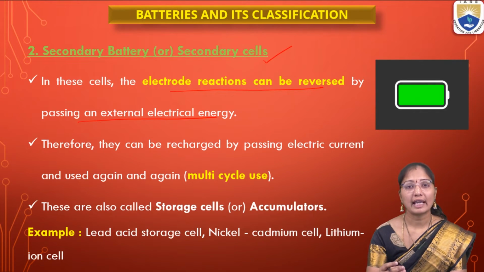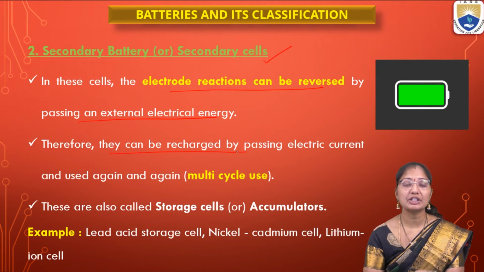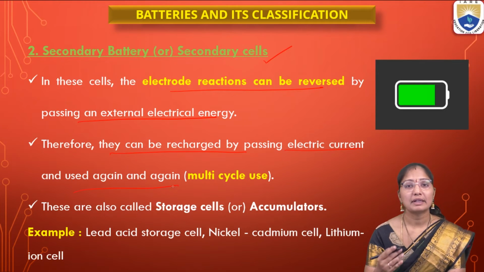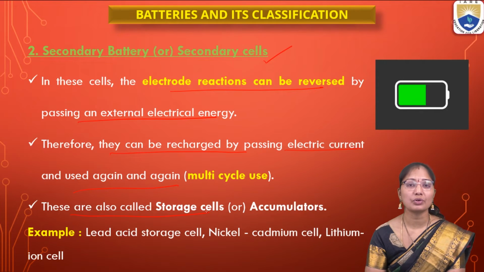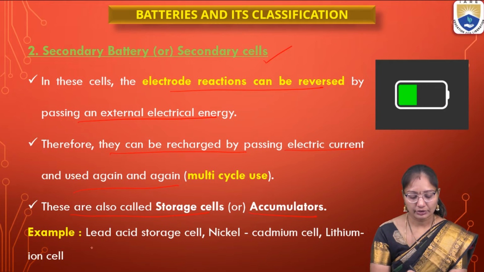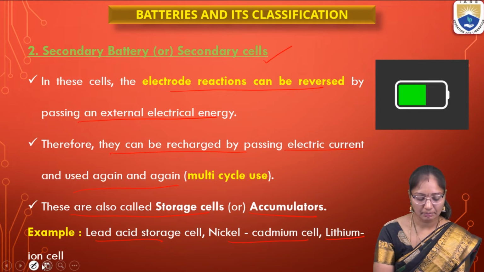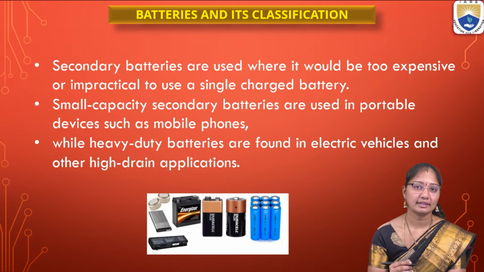So this can be reused and recharged. Therefore, they can be recharged by passing the electric current and used again and again, the multi-usage cycle. They are also called storage cells or accumulators. Examples of this type are lead acid batteries, nickel cadmium and lithium ion batteries, which come under the secondary cells or secondary batteries category.